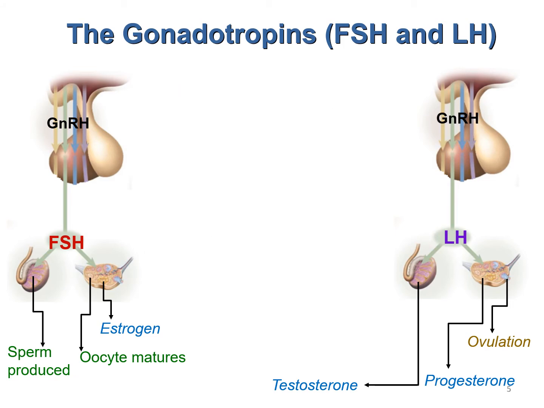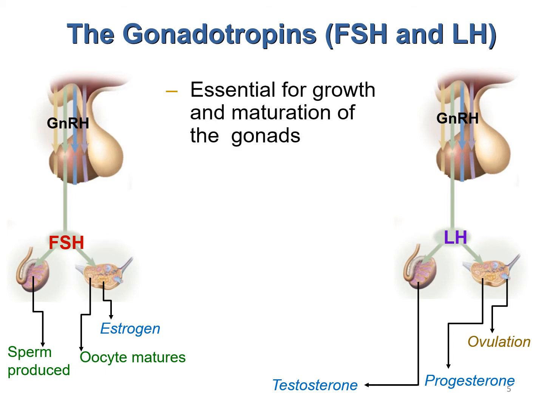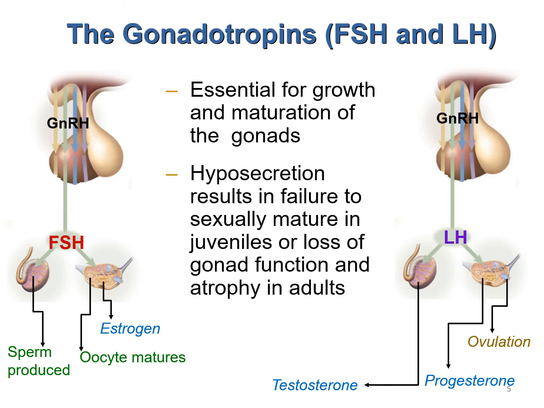The gonadotropins, FSH and LH, are extremely important. They are absolutely essential for the growth and maturation of the gonads in juveniles, and they are essential for maintaining the normal functions of the gonads in adults.